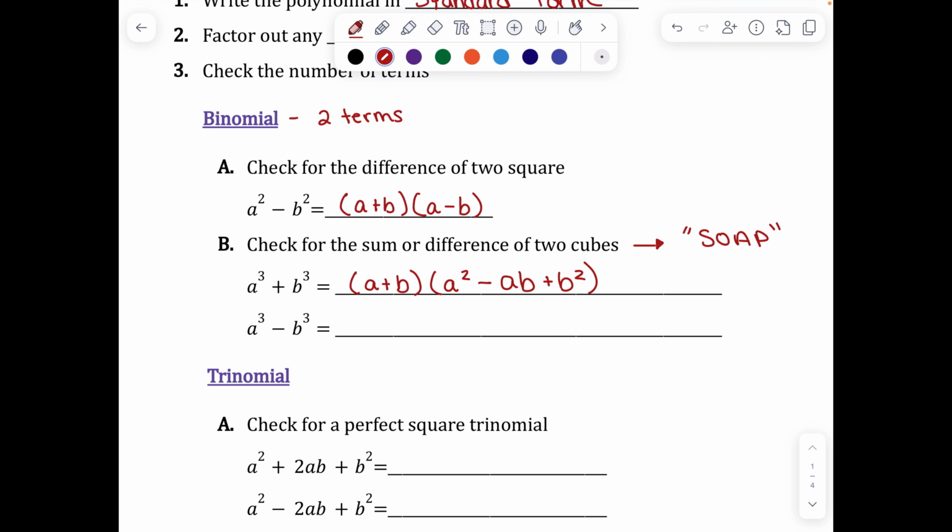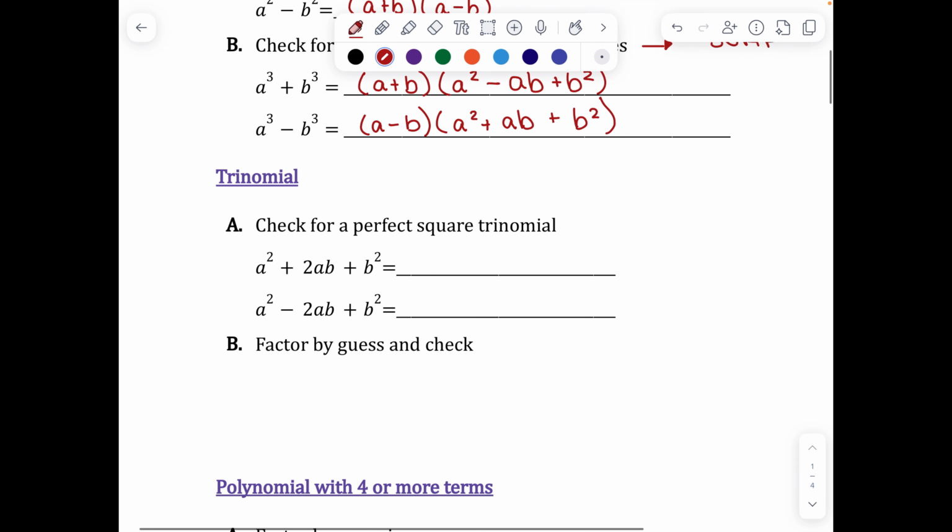If you were to start with a to the third minus b to the third, we would have a minus b, that's that same sign, times a squared plus opposite sign, ab plus b squared. That's our always positive. So those are your two options for a binomial once you factor out your greatest common factor.